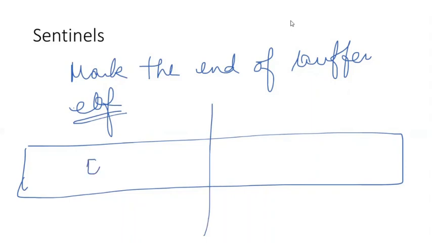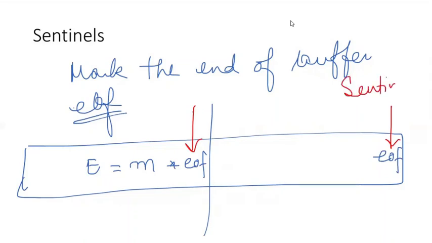I have something like E equal to M into, and here instead, you will have a special marker EOF. Here also you will have a special marker EOF. These two are known as your sentinels. The sentinels will tell you when to load the next buffer. If you have reached a sentinel, then you have to load the next buffer.